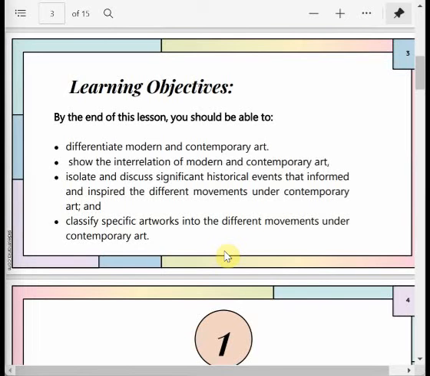Show the interrelation of modern and contemporary art. Isolate and discuss significant historical events that informed and inspired the different movements under contemporary art. And lastly, classify specific artworks into the different movements under contemporary art.